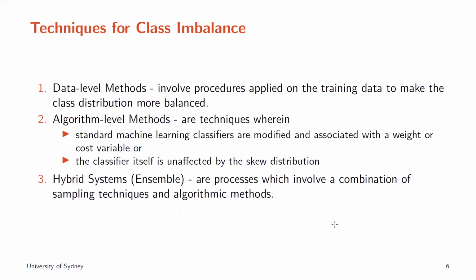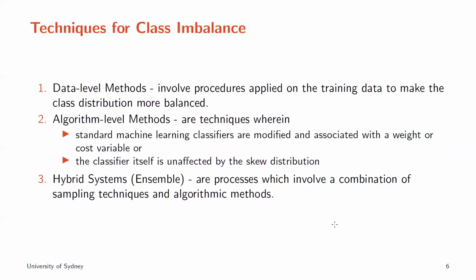Algorithm level methods are techniques wherein standard machine learning classifiers are modified and associated with a weight or cost variable, or the classifier itself is unaffected by the skewed distribution of data. Hybrid systems, usually ensembles, are processes which involve a combination of sampling techniques and algorithmic methods.